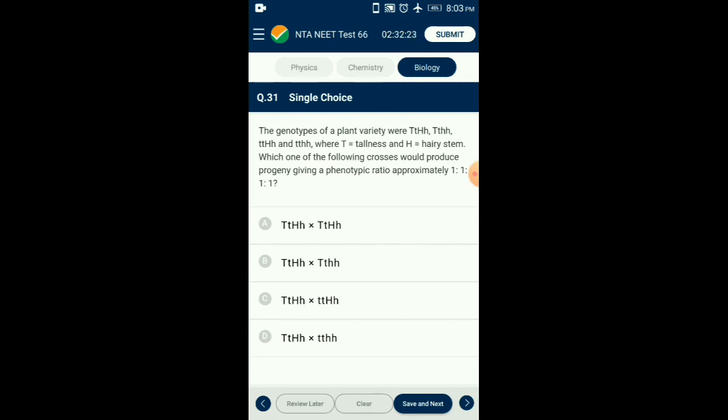Which one of the following crosses would produce progeny giving a phenotypic ratio approximately 1:1:1:1? So this is a dihybrid test cross which produces the ratio of 1:1:1:1. So the answer for this question is option D, capital T, capital H, small h, crossed with small t, small h, small h.